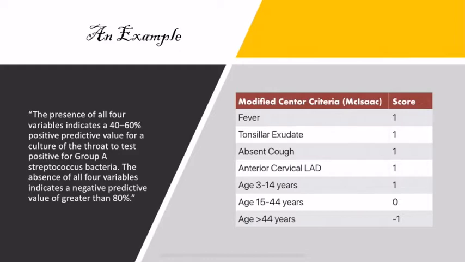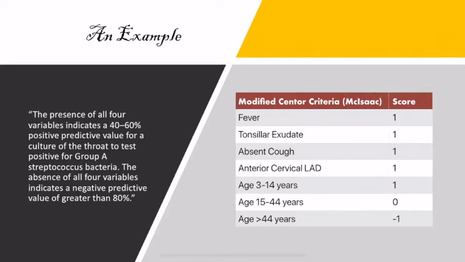So you think they have strep throat, you do a culture, and you get a culture back that's positive. If you have all 4 of those variables, the predictive value is only 40 to 60%. In other words, it's close to 50-50.